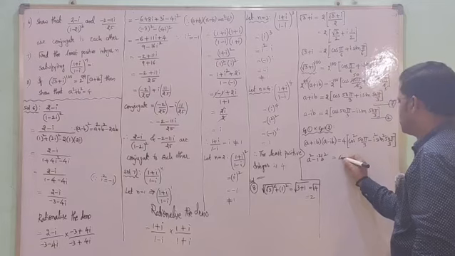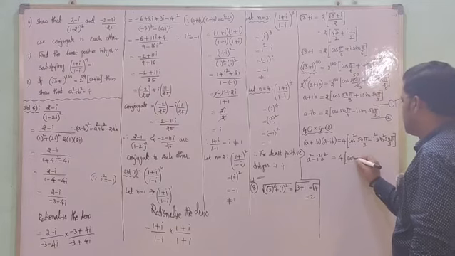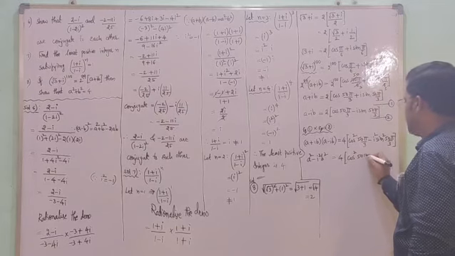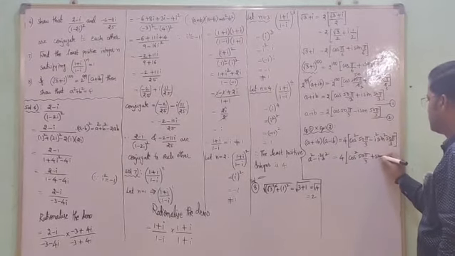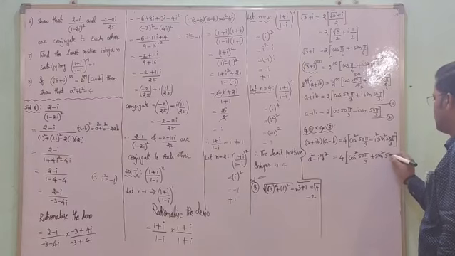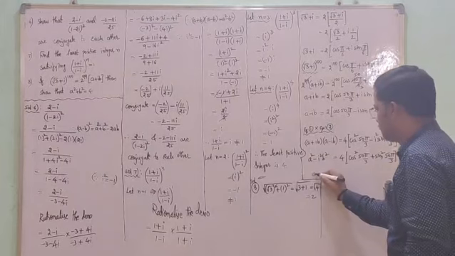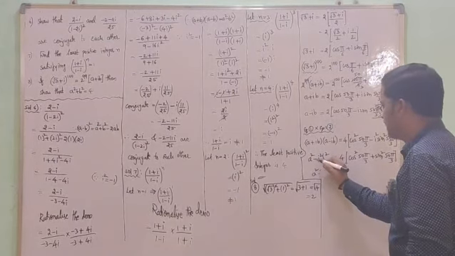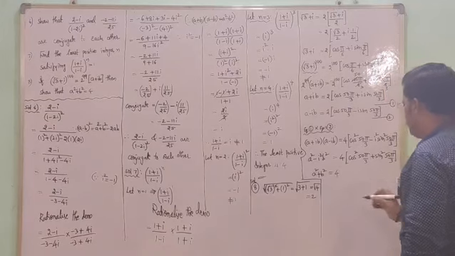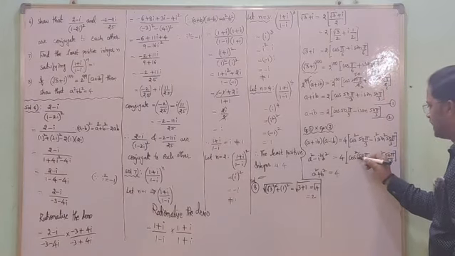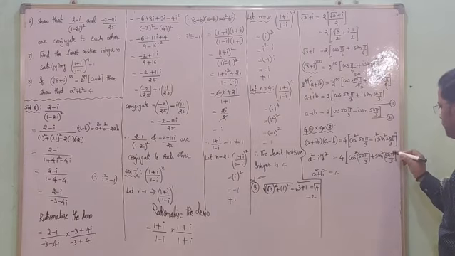Right, 4 as it is, and cos² 50π/3 as it is. i² means minus, so minus into minus is plus sin² 50π/3. We know already the angle is the same, 50π/3, 50π/3.